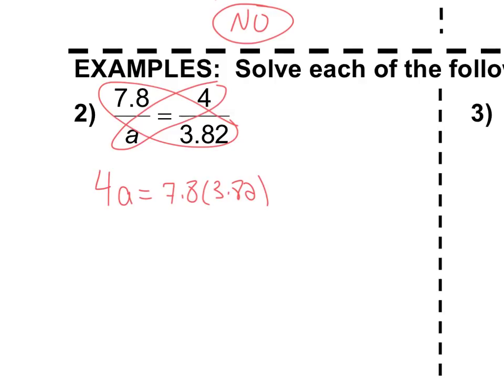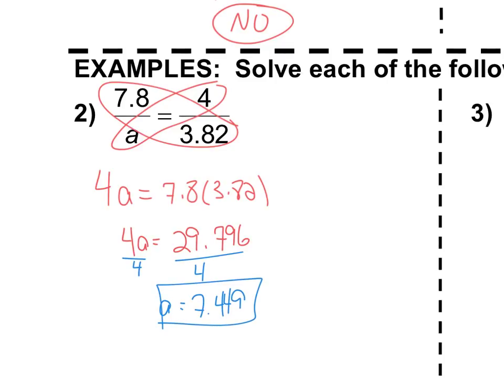Now, again, you can skip that middle step if you want to go ahead and do your multiplication. That's 4A equals this horrible number, 29.796. Then I can just solve for A by dividing by 4, and you get A is 7.449.